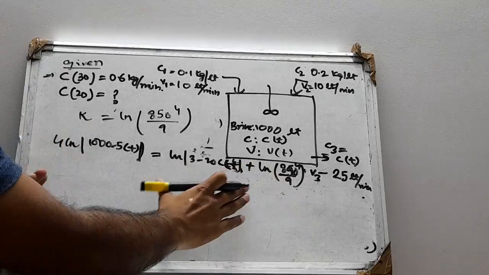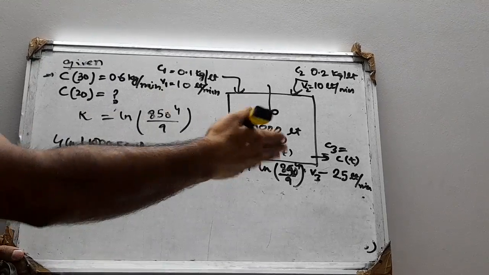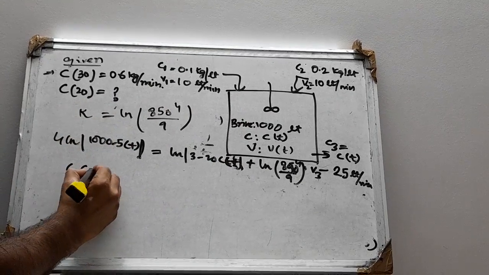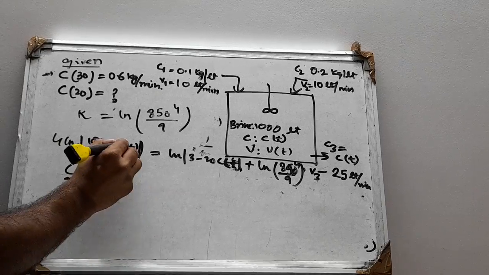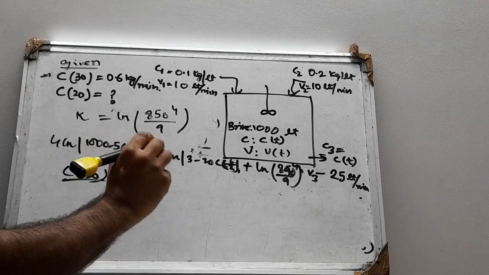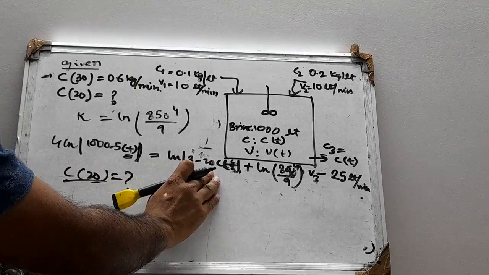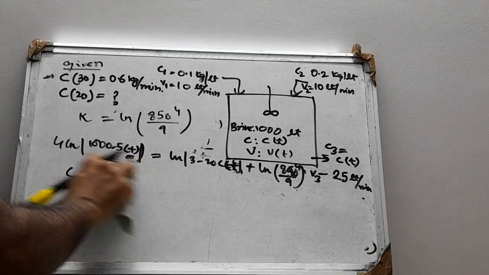We don't need to solve this, just simplify it. What we need is C20. So put the value of t equal to 20 in it, and we can get the value C20.